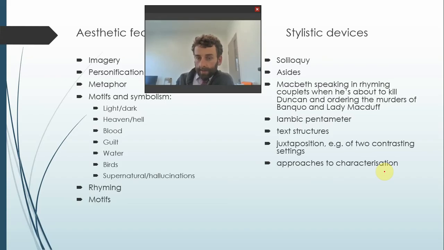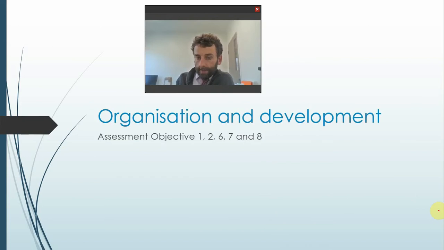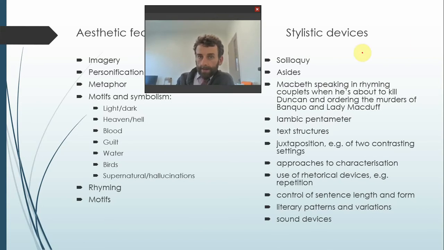Approaches to characterization. Use of rhetorical devices, so repetition, control of sentence length and form. So if you look at, again, some of the soliloquies and the way in which the sentence length and pattern is used. Literary patterns and variation, sound devices, they're all examples of stylistic devices.